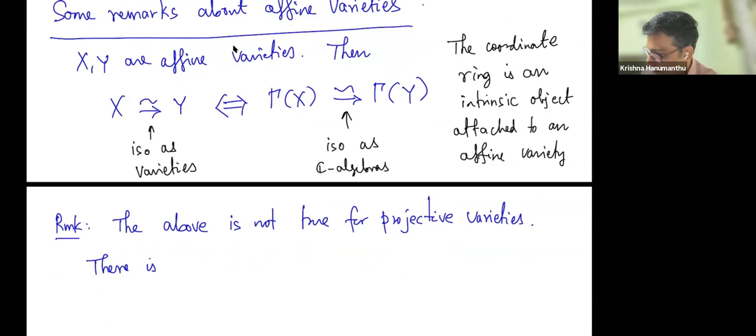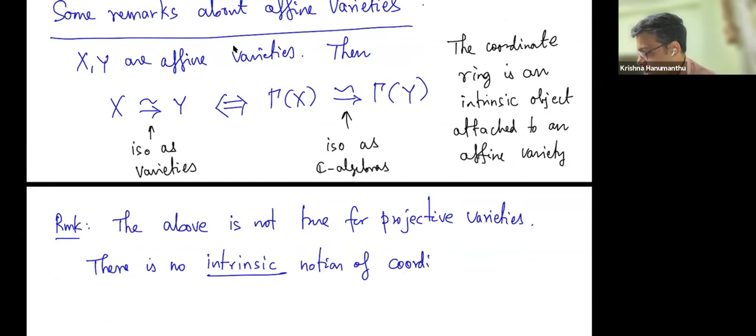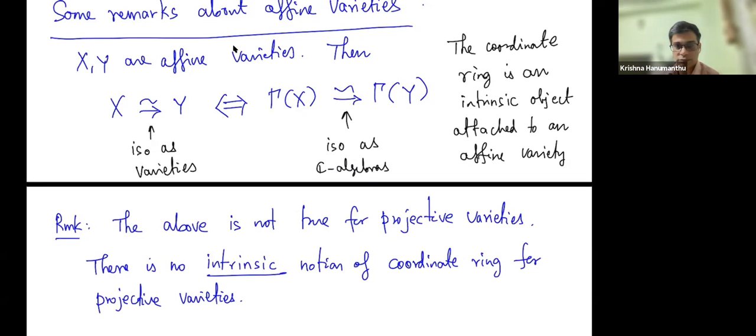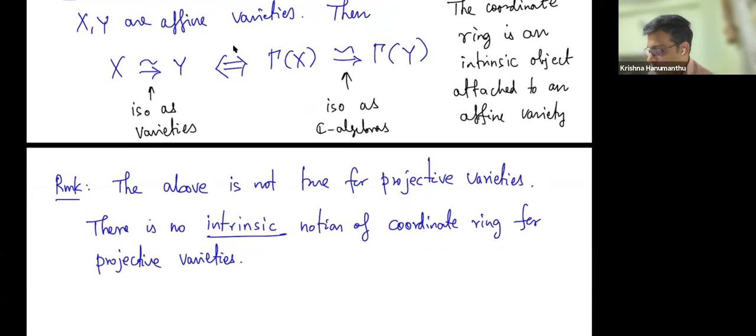So that is not the case for projective varieties. There is no intrinsic notion of coordinate ring for projective varieties. So there is only a notion which looks at the embedding, okay? But we have the following.